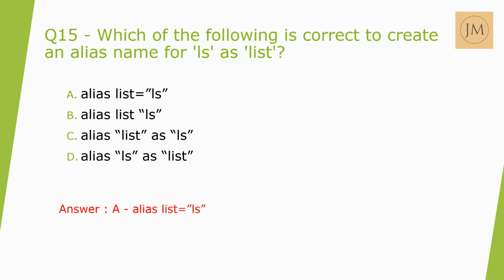So the option over here is A, that is alias list equals to double quotes ls. So it is actually the command ls which is being replaced, not being replaced, but it will be an alias. So you can use list as well in case you want to use the ls command.